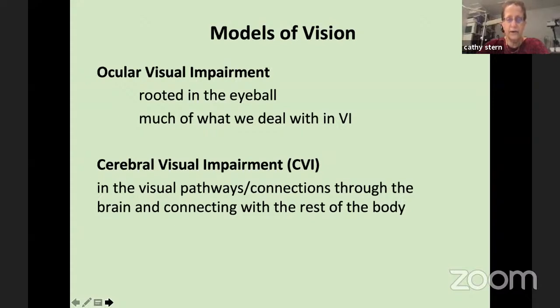And then in cerebral visual impairment, I do understand that the low vision community works with that also, but I think they've come to that in a newer way. For many years, especially in children, those in some of the schools for the blind and some of the special programs for those with visual impairment generally had eye disease, and it was much more about their eyesight.